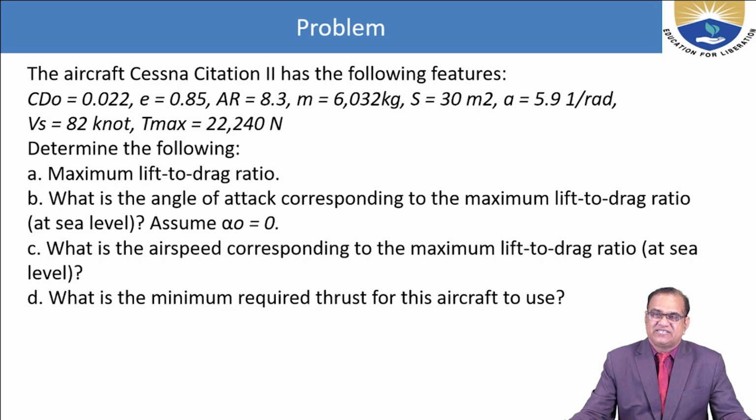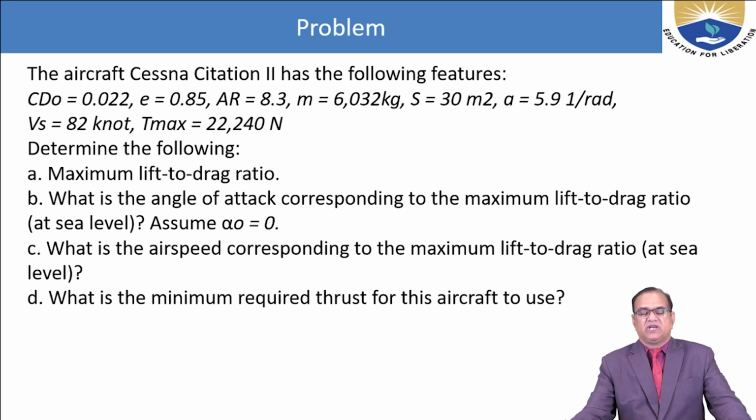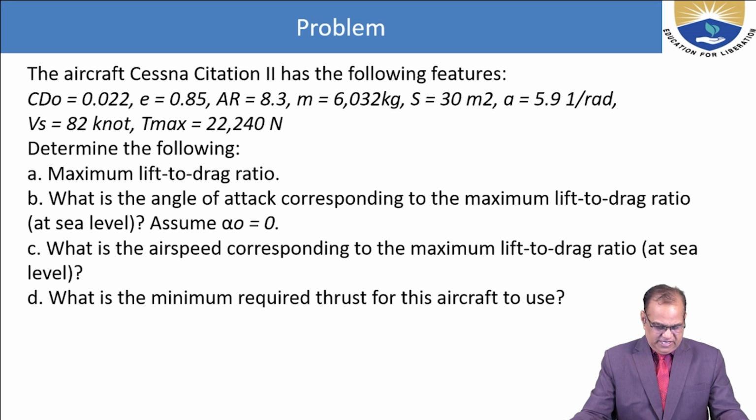The lift slope, CL alpha, is 5.91 per radian. Stall speed is 82 knots. Thrust maximum is 22,240 Newton. We have to determine a, b, c, d. That is, the maximum lift to drag ratio.